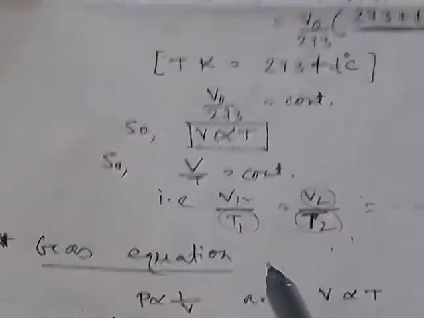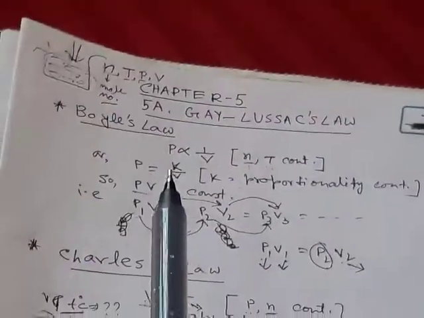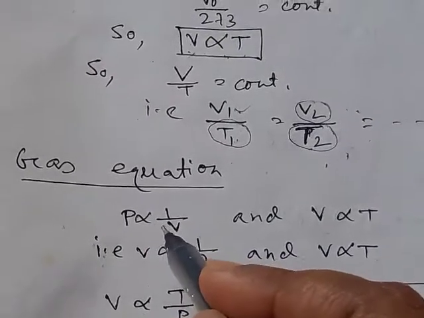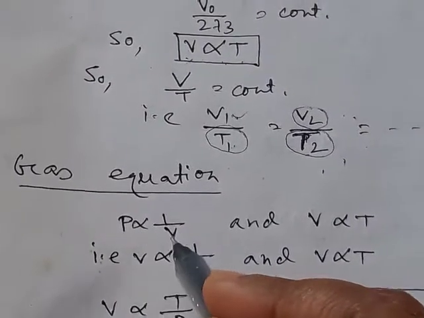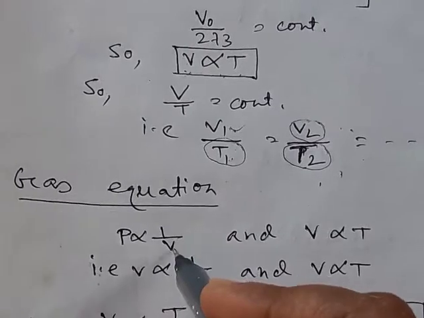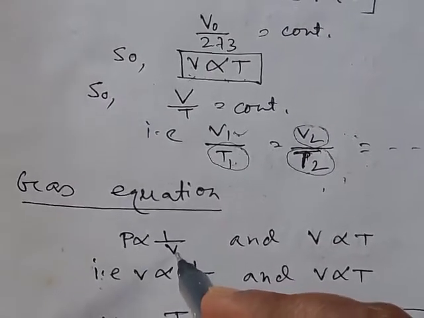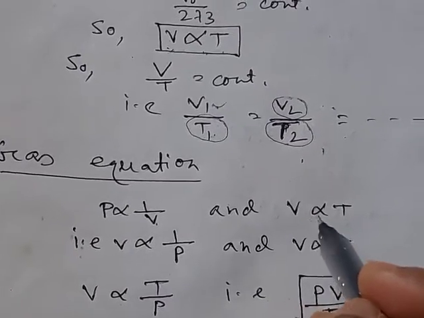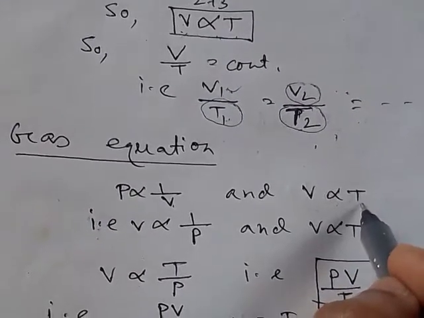Now, the gas equation, combining Boyle's law and Charles law. From Boyle's law, pressure is proportional to 1 by V, that is, pressure is inversely proportional to volume, and from Charles law, volume is directly proportional to absolute temperature.